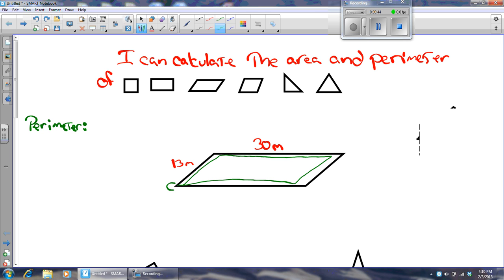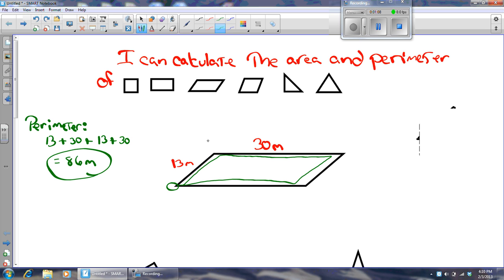And if he starts here at this corner, he walked 13 meters plus 30 meters plus another 13 and then plus another 30. And if you add that all up, I believe you're going to get 26, 86 meters. That is your perimeter.